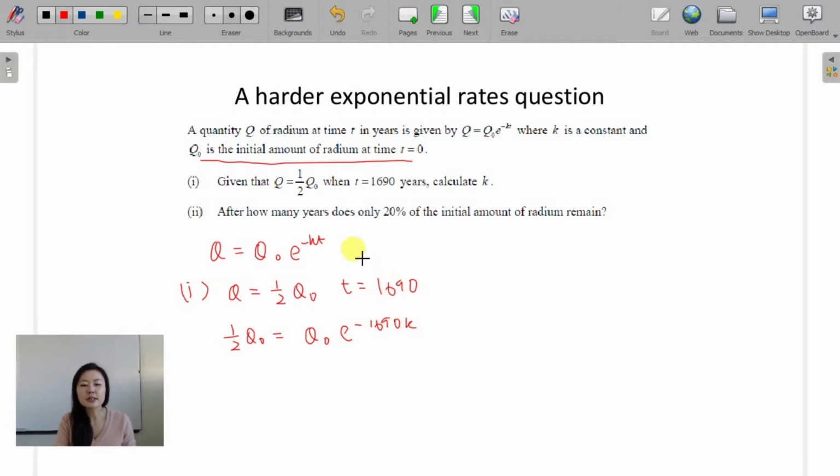You do it the same way as the previous one when you sub that information in. Put 1690 in place of t. Now you'll find that the Q0 on both sides cancel out. It's irrelevant. Then log both sides.